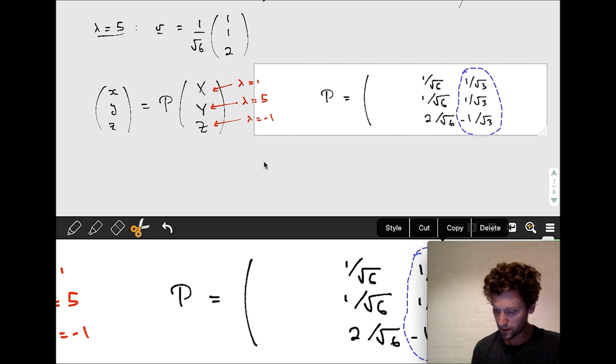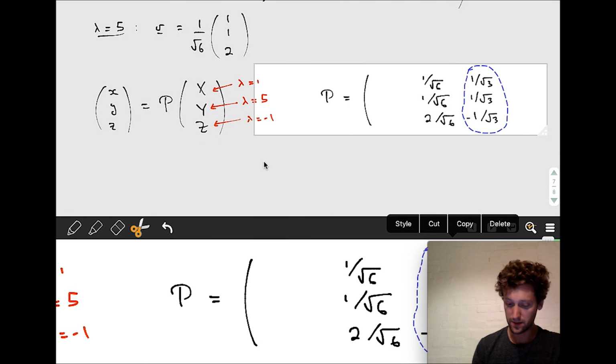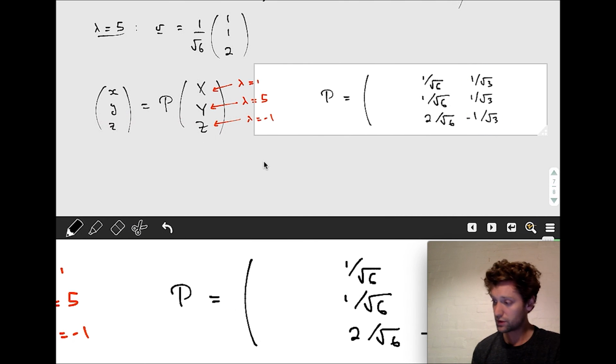Put that over there. It's much easier to do on my little screen here than it is for you in your notes. And I've got eigenvalue lambda equals plus 1 with eigenvector 1 over root 2, minus 1 over root 2, 0.